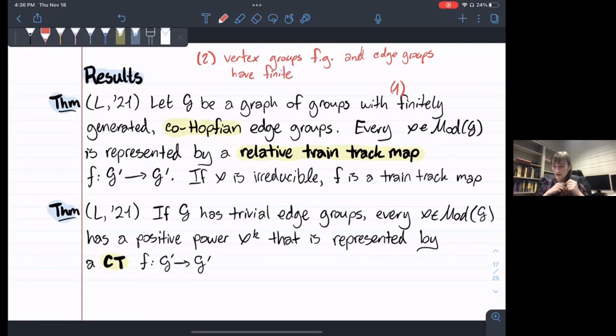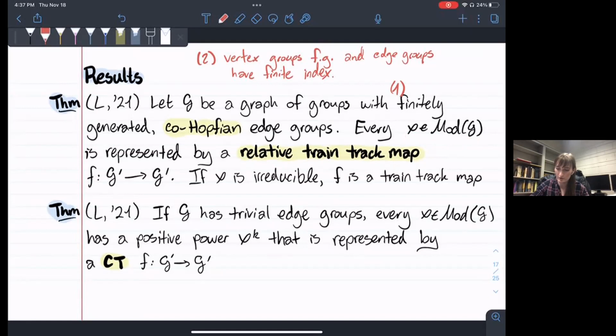So that's another possibility. So under either of these two assumptions, every outer automorphism that admits a topological representative is represented by a particularly nice topological representative called a relative train track map.